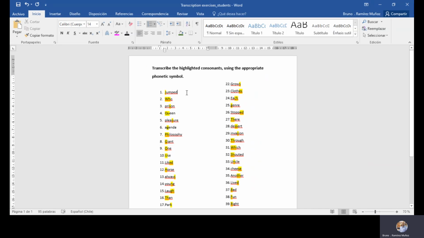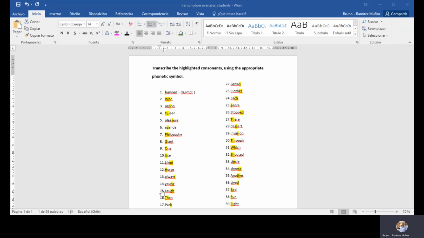So in the word jumped, you focus on the initial consonant sound, and you transcribe the consonant sound that you use to describe jumped. In this case, the transcription would be dʒ, which is represented by that particular symbol.